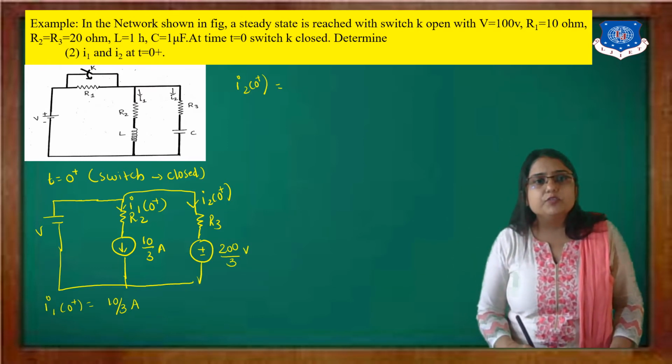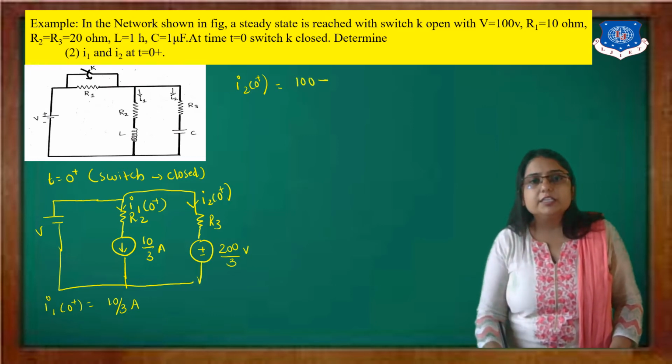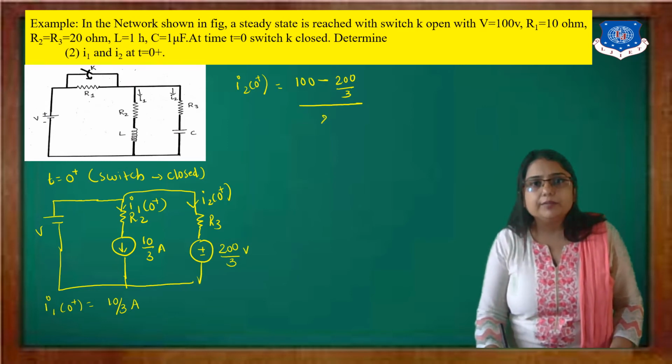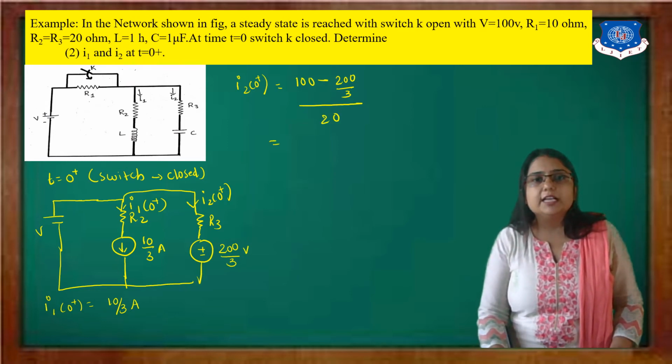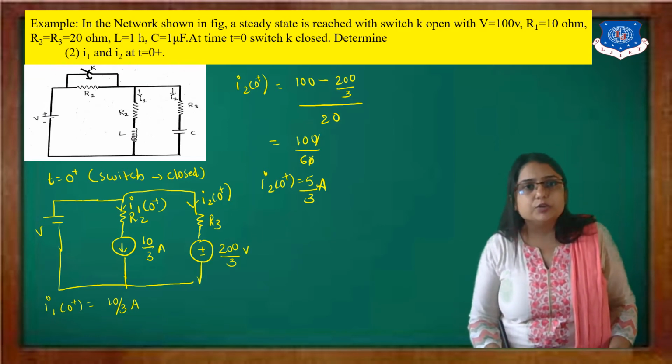So the potential difference is 100 minus 200 divided by 3, divided by the value of R3, that is 20. When you solve this, you take the LCM: 300 minus 200, that is 100, divided by 60. Now this cancels, so the value of I2 at 0 plus is 5 by 3 ampere. So this is the value of my I1 at 0 plus and I2 at 0 plus.